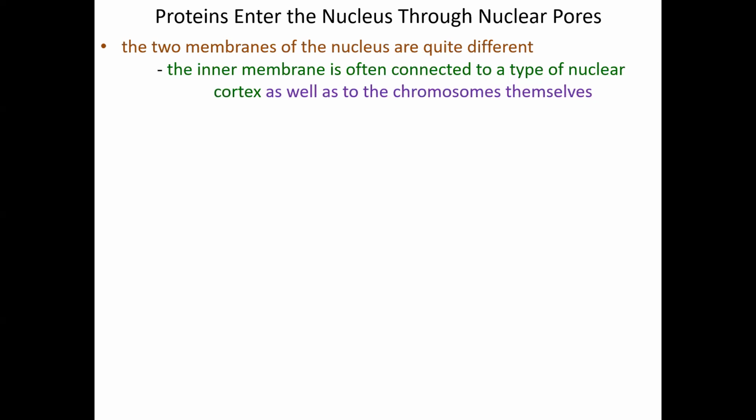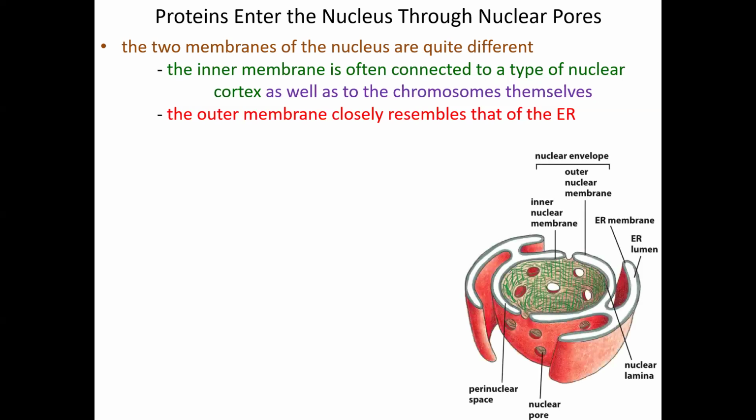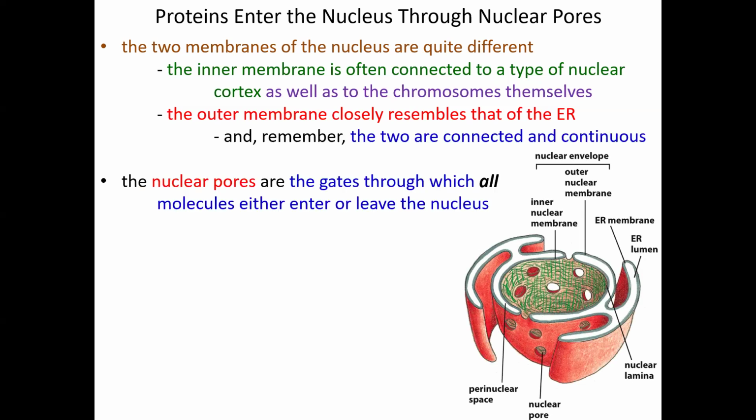So the inner membrane is often connected to that. And in fact, the DNA chromosomes are also associated with that cortex and the inner membrane. And the outer membrane is very similar to the ER membrane because they're contiguous with one another, right? The outer membrane becomes the ER. So we've got a stark difference in these two membranes of the nucleus.